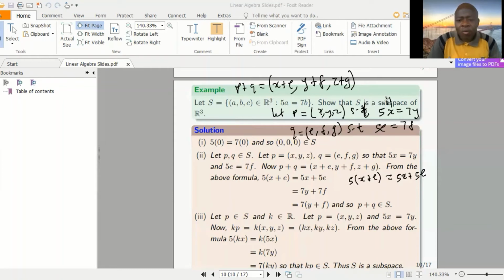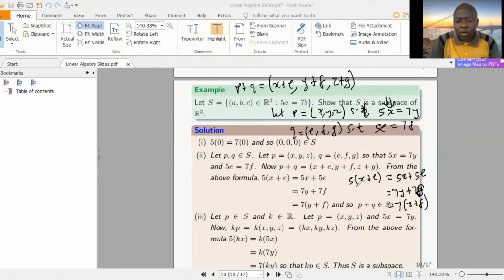What does 5x equal to? 5x is 7y. So instead of this 5x, I write 7y. Then there's 5e here. What does 5e become? 5e is 7f. So instead of 5e, I write 7f. So we can factorize, of course. This is 7 times y plus f.